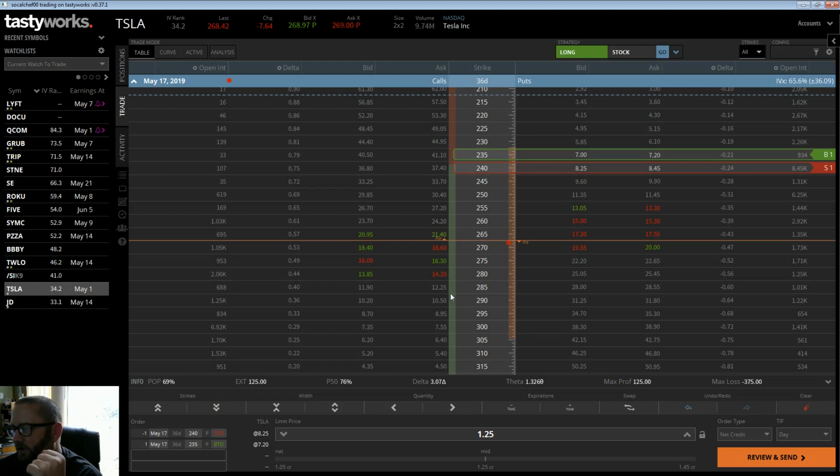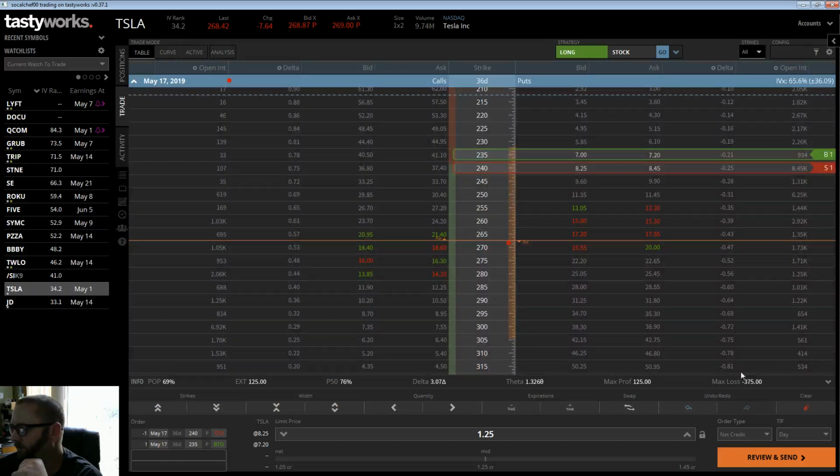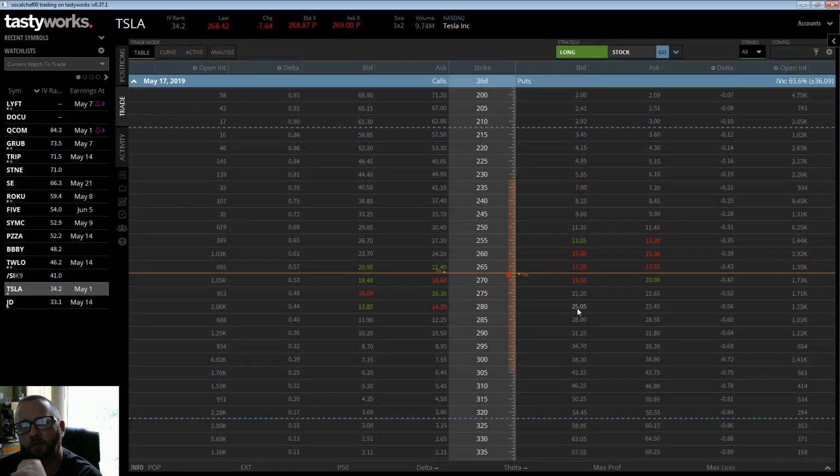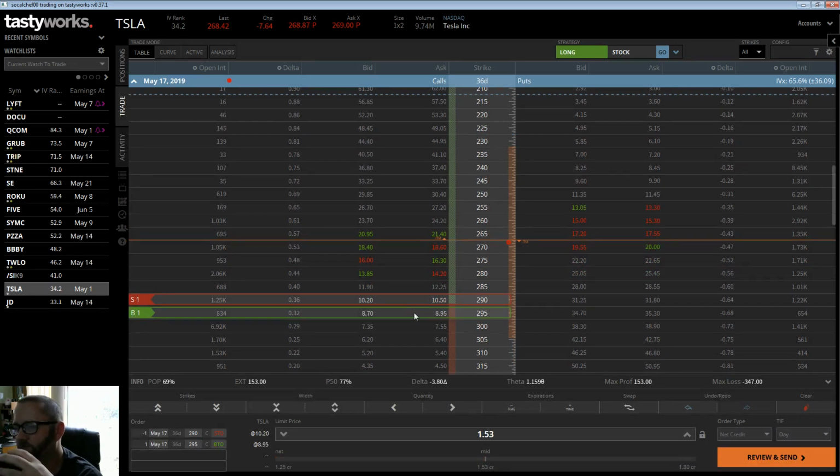You could see here this green bar. That just shows you the direction. And I can go over here, this might actually help. As the stock goes up, you make money. So if you thought Tesla was going to go down, you would short the call side, and by that I just mean you're doing a credit spread.